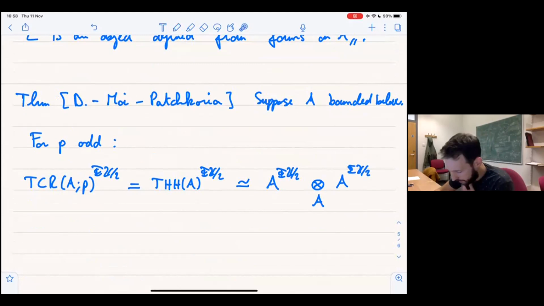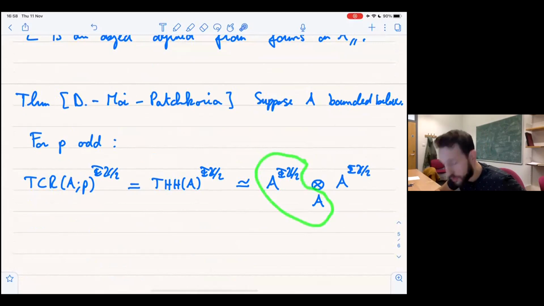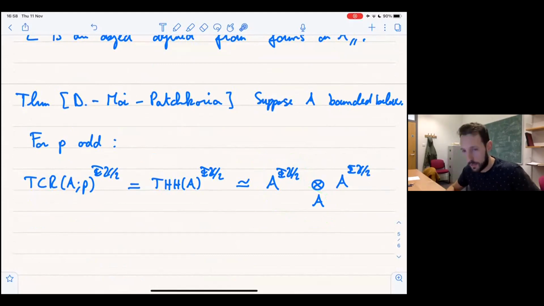And because this is going to pop up so prominently in the calculation, let me tell you what it is. So let me spell it out.